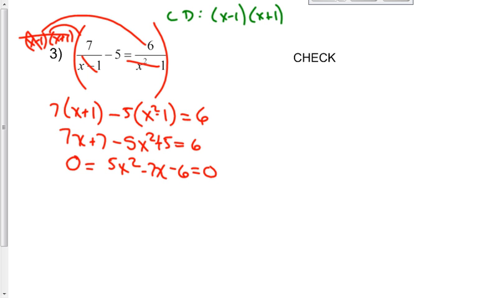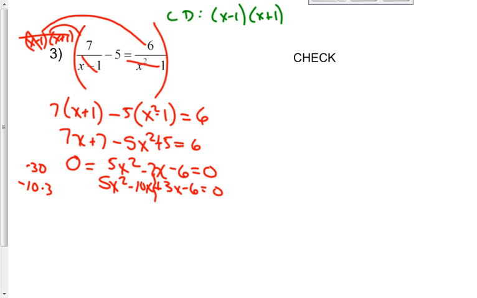Now we have to factor by grouping. Two numbers that multiplied, 5 times negative 30. Two numbers that multiply to give us negative 30, that would add to give us a negative 7, negative 10, and 3. So I'll separate this now. 5x squared minus 10x plus 3x minus 6 equals 0.